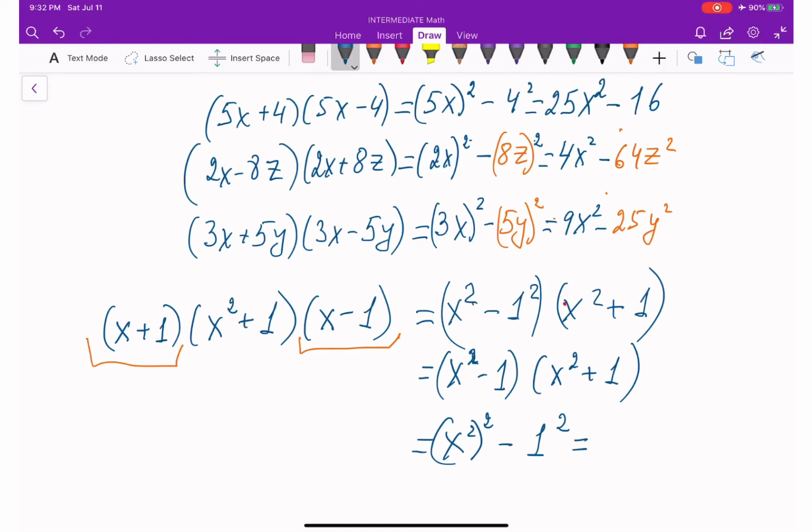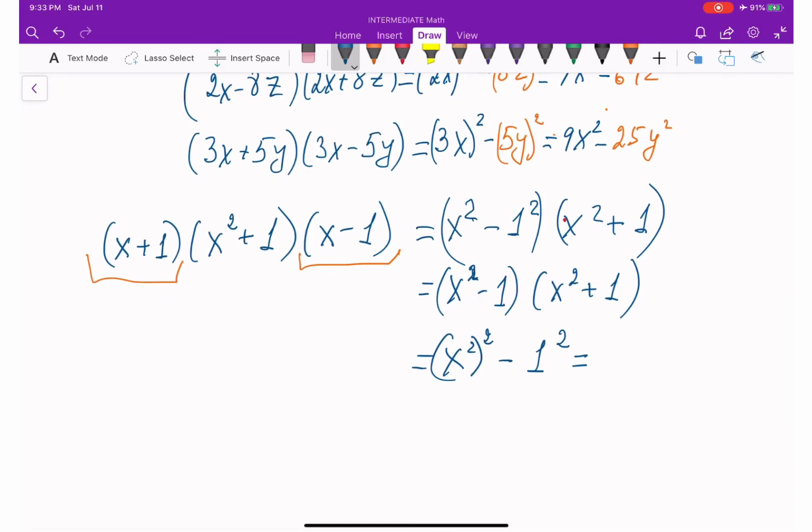X squared squared is going to be x to power 4, because we multiply 2 times 2, and minus 1 squared is going to be 1. And there we go, that's the answer we are getting here. So x plus 1 times x squared plus 1 times x minus 1, we are getting x to 4 minus 1.